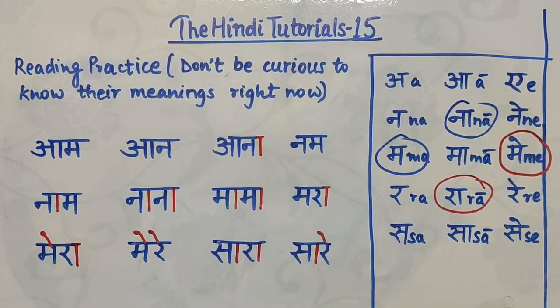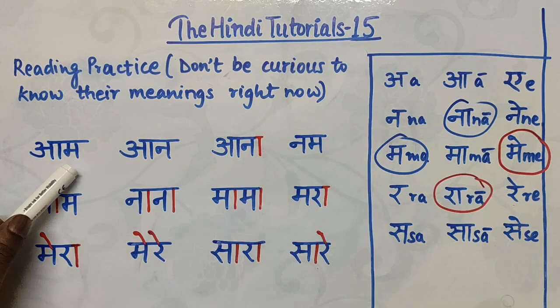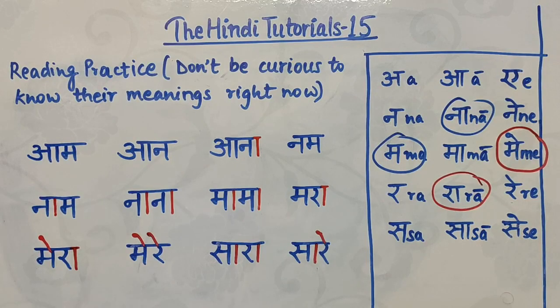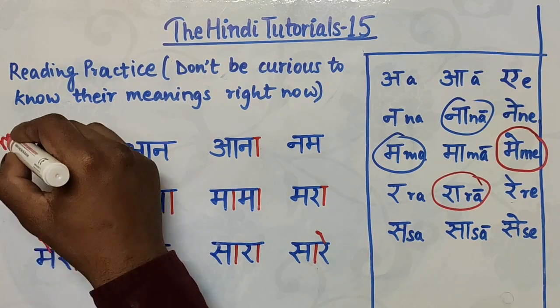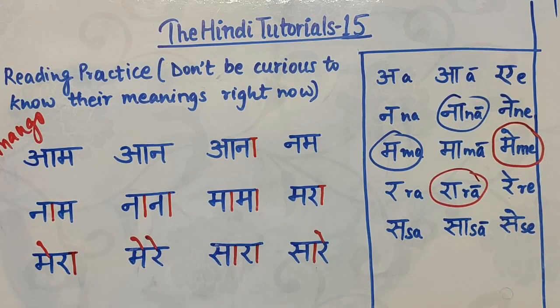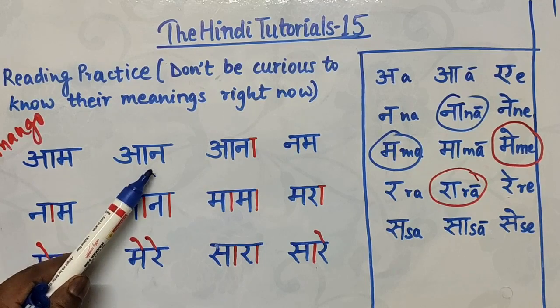Now let's do some reading practice. Please don't try to find out the meanings of the words apart from what I am telling you. Okay. Let's read these words. Am. Am means mango. Mango is called am in Hindi. An.